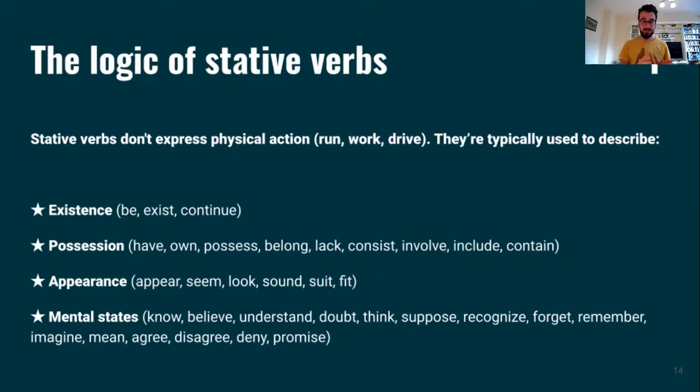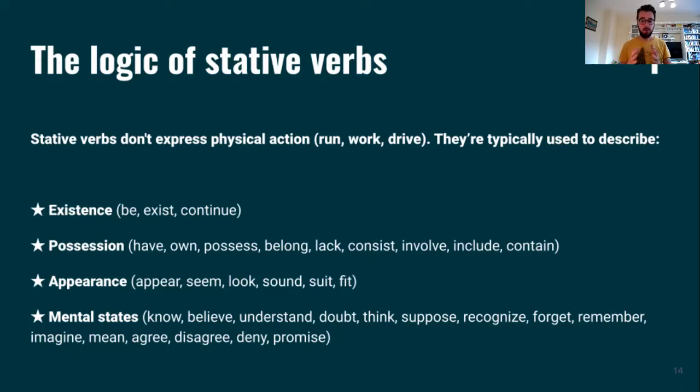Only action verbs can be used in continuous tenses. So being, yes, we can sometimes say that, but typically it's a stative verb. So it only has a simple form. Exist, continue.